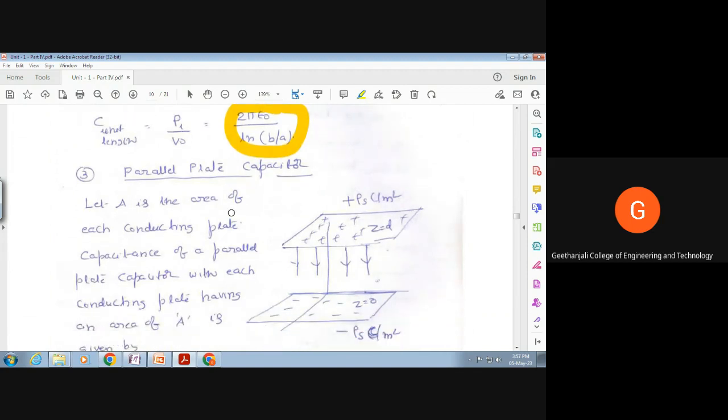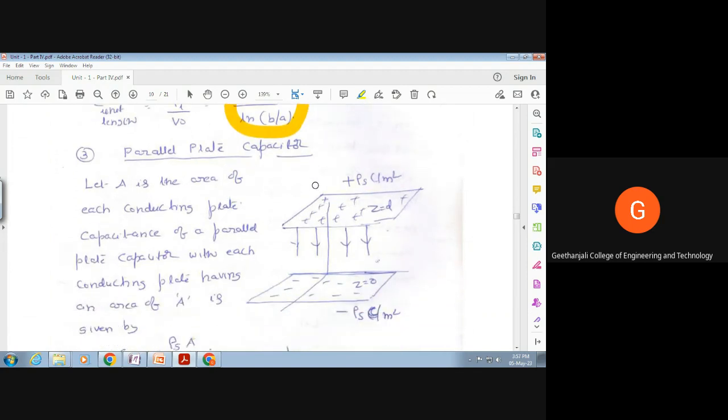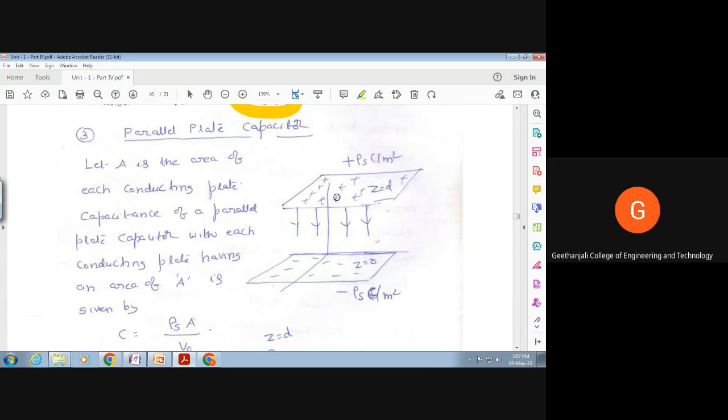Now let us consider a parallel plate capacitor. Suppose you have two conductors placed at Z is equal to 0 and Z is equal to D, and the area of each conductor is, let us say, A meter square.